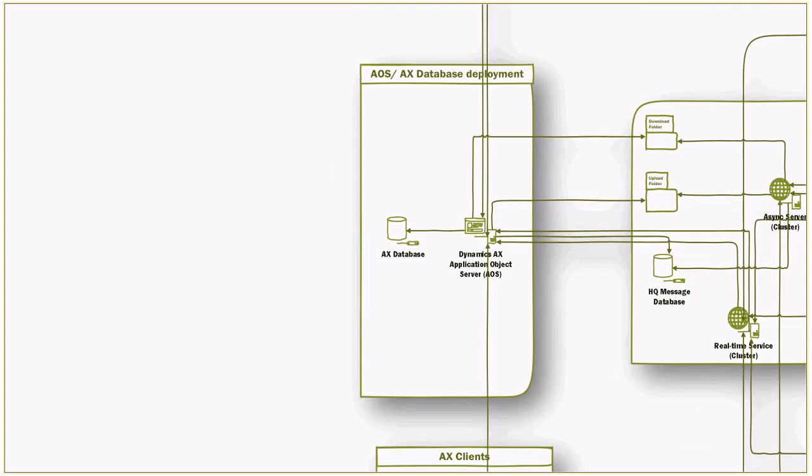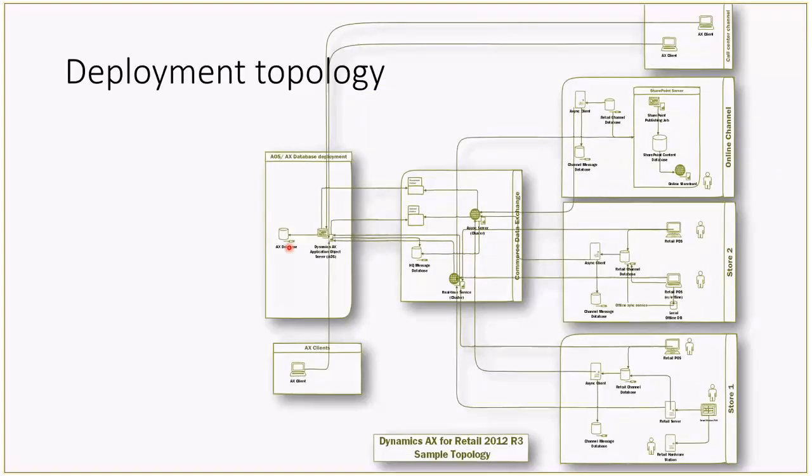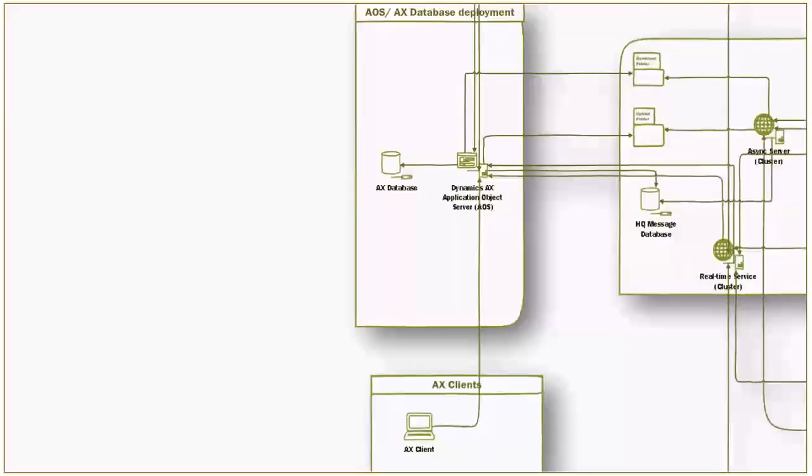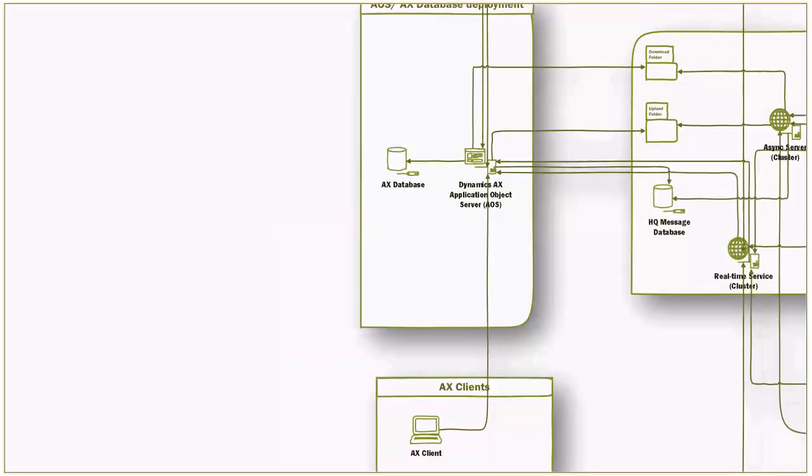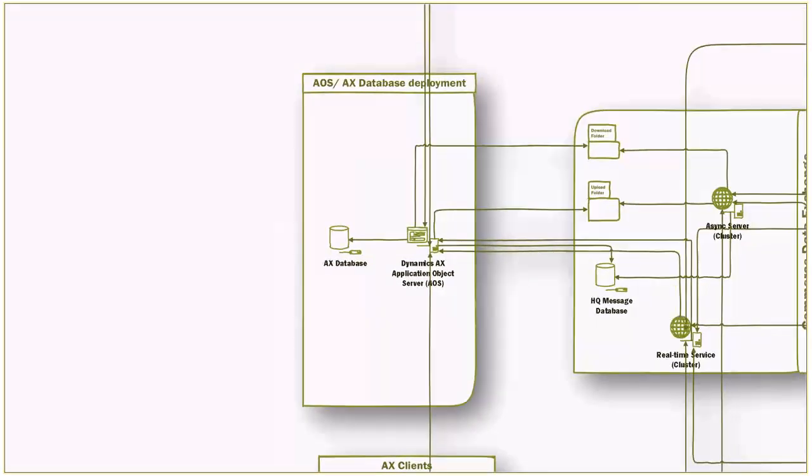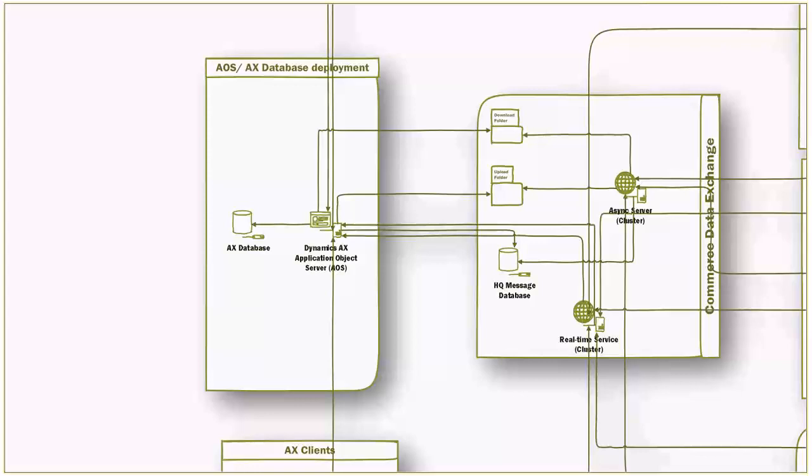You can run the installer and install the AX database. I've got the laser pointer here, and let me zoom in. So your AX database can be installed on the headquarters side. Right next to your AX database, you can install your AOS component. Again, you can use the standard installation procedure to install your AOS and point it to your AX database.